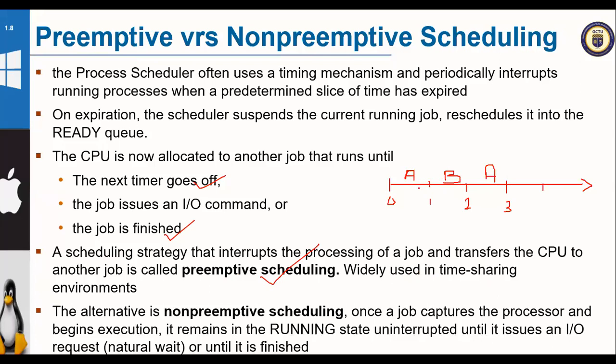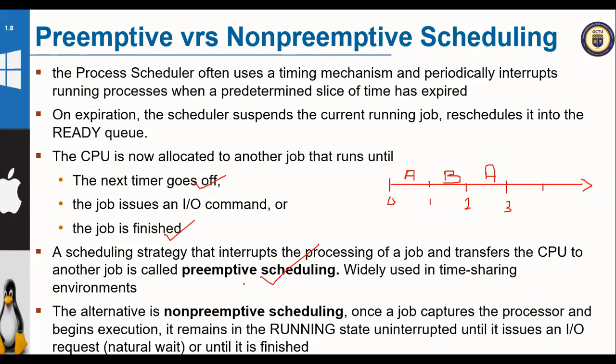Even though A is not completed, process A is preempted and B is brought in. When the next timer goes off, even though B is not completed, B is preempted and A is brought in. That is preemptive scheduling.